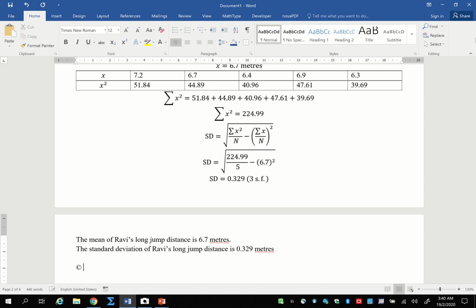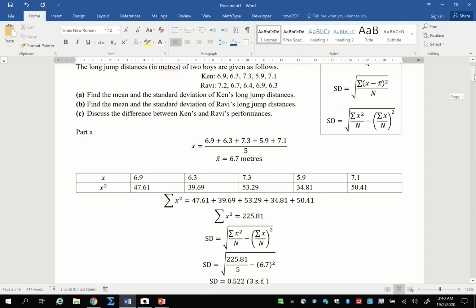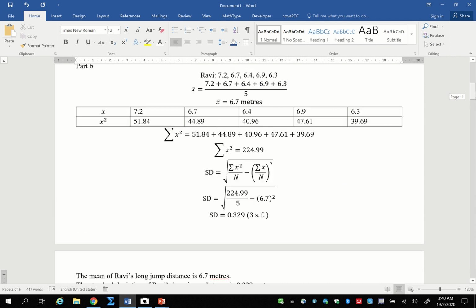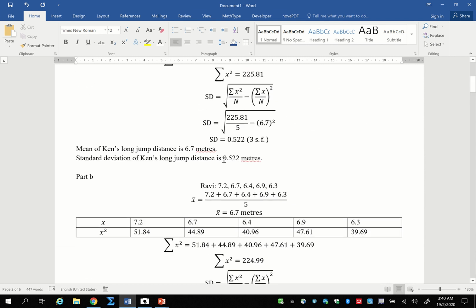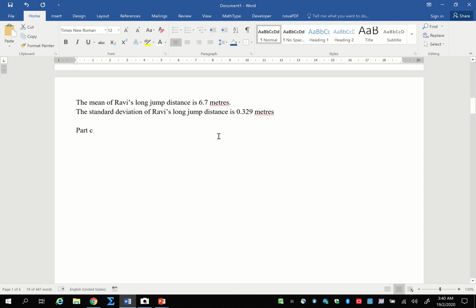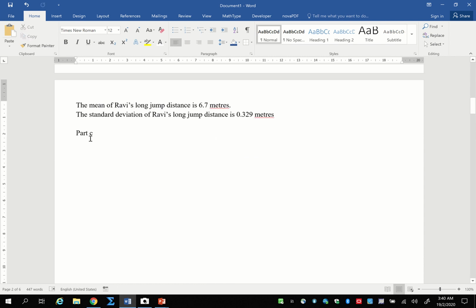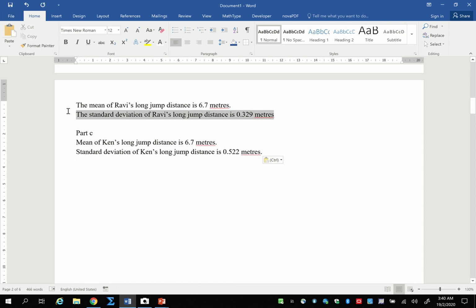Alright, now the next part, if we go back to the question, is to discuss the difference between Ken's and Ravi's performances. So let's copy our answers from part A so that you can compare them side by side. The mean here and for Ravi here.